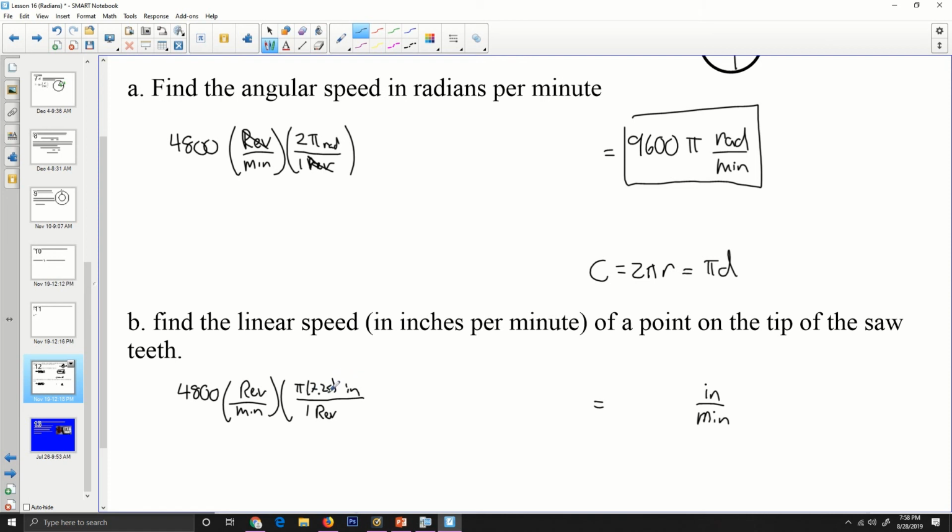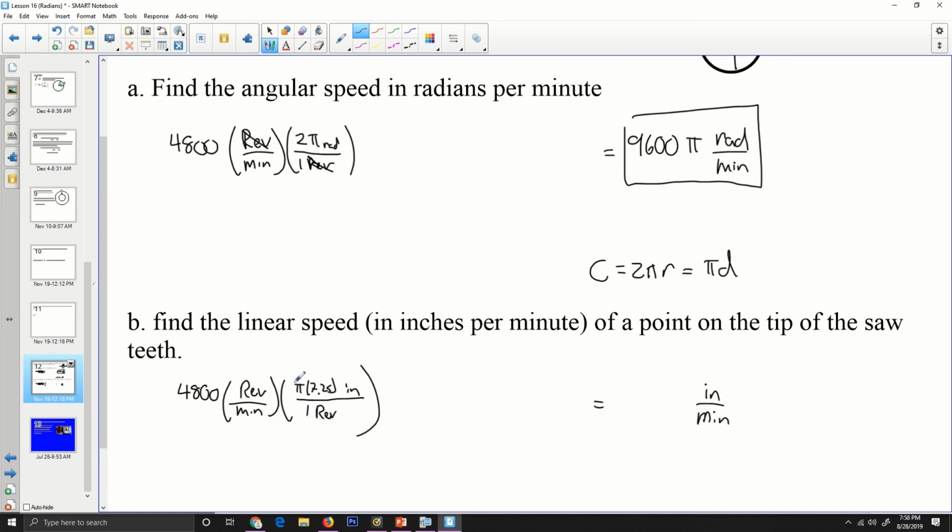So pi times 7.25. This one I'm not going to leave in terms of pi, because we usually don't measure inches in terms of pi. We have no numbers on the bottom to divide by, so we can just multiply.